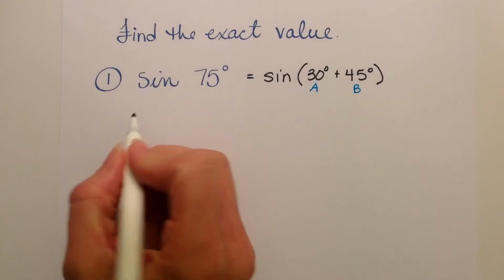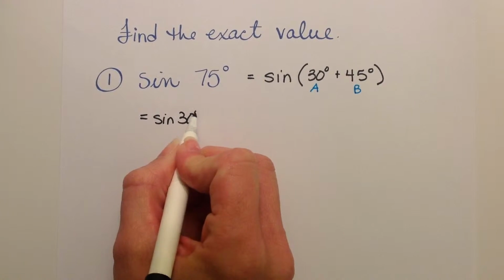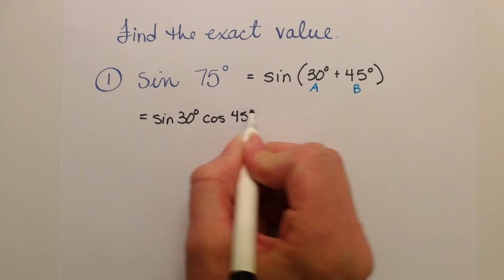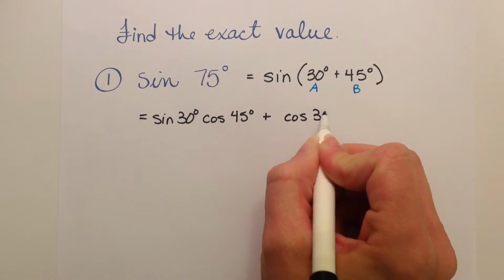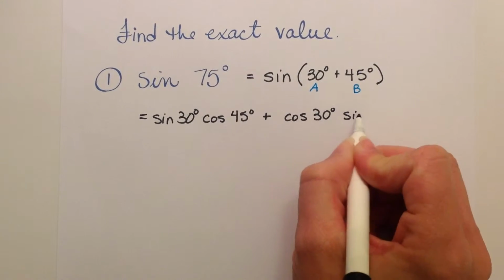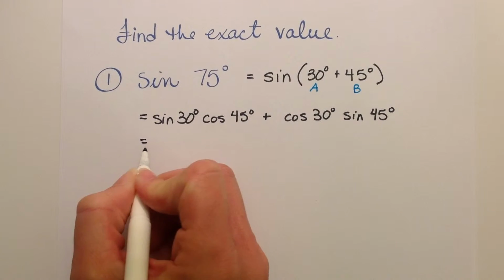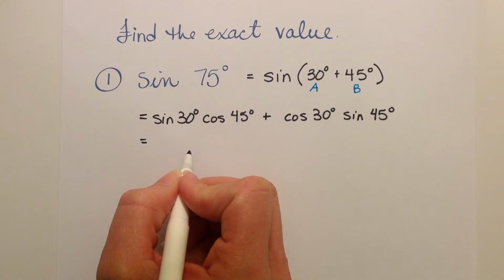Okay, so that's going to end up giving us sine 30 degrees times cosine 45 degrees plus cosine 30 degrees times sine 45 degrees. Now refer to your table of exact values, and substitute those in.